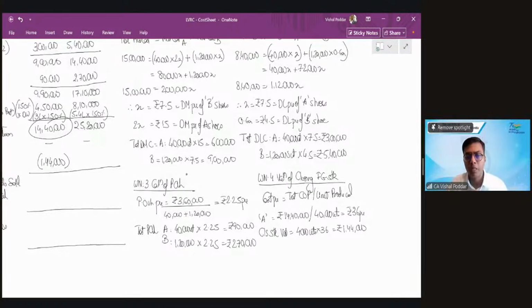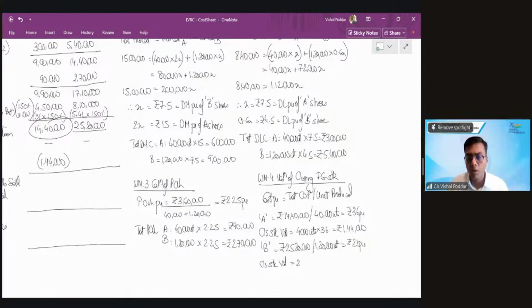Same lines for B. What is cost of production? 2520 divided by 1,20,000 units. 21 rupees per unit. And so closing stock value of B will be, now out of 120 I've sold 1 lakh.